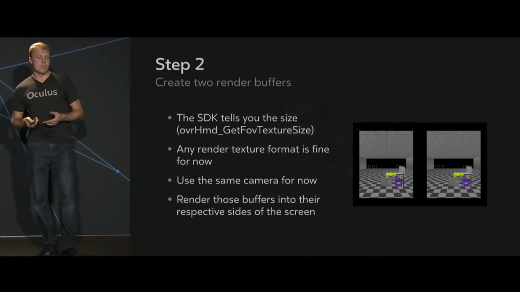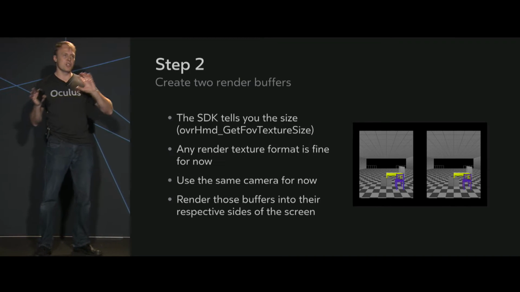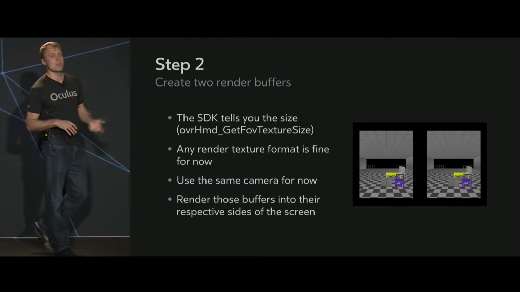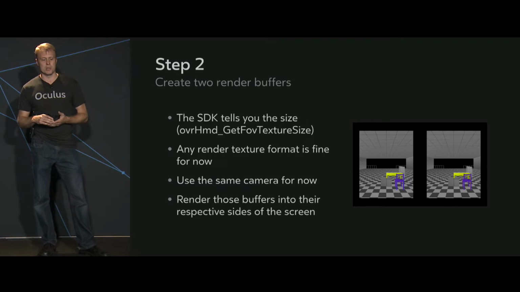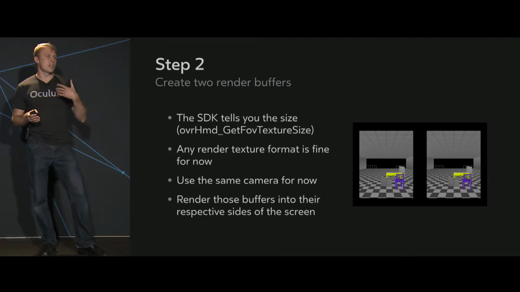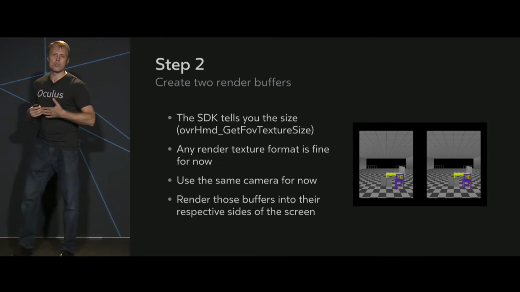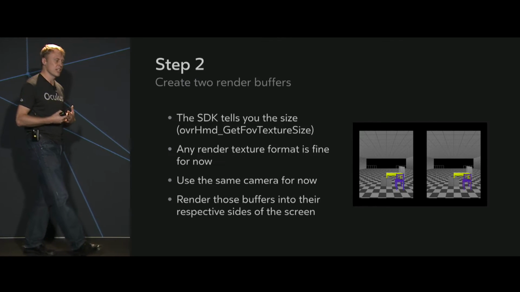The second step we advocate is getting two render buffers, rendering to two eye buffers, which can be a non-trivial thing for code which is purely non-VR up until this point. Any texture format is fine for now, but at this stage, check what size eye buffers you're going to use, and there's a function call for doing that in the SDK.